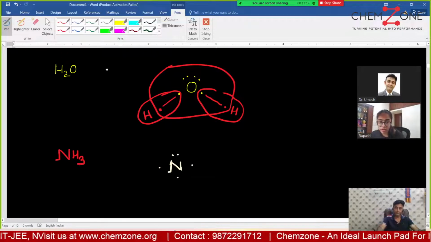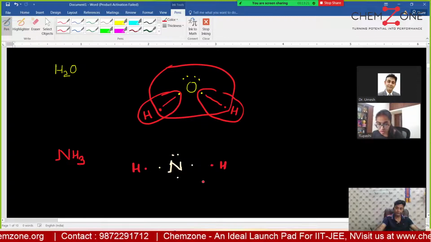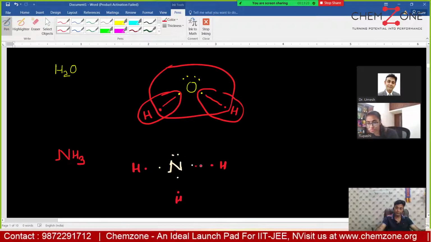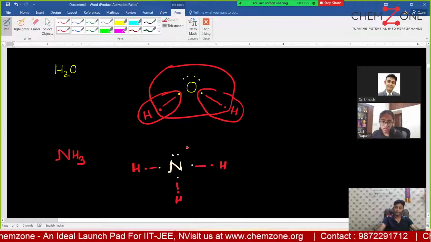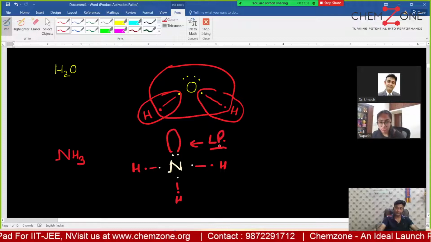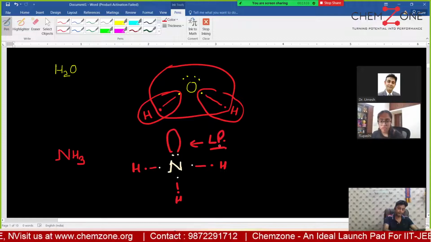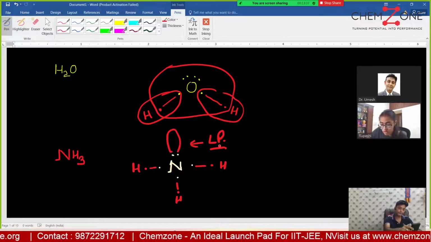Each side has one hydrogen with one electron. Good. I can say there is a single bond between nitrogen and hydrogen, and this is a lone pair. Am I clear?